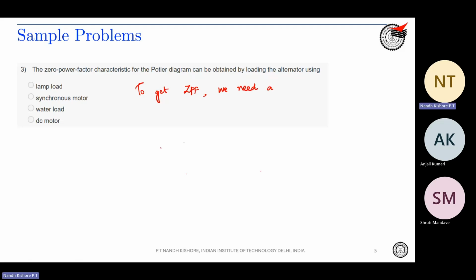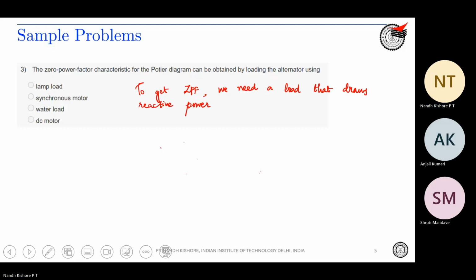To get zero power factor, we need a load that draws reactive power. Correct? So among these, which of these would draw reactive power? One is lamp load, synchronous motor, water load, and DC motor.